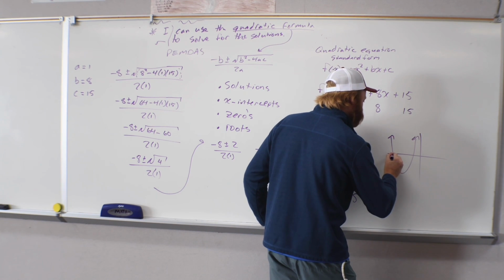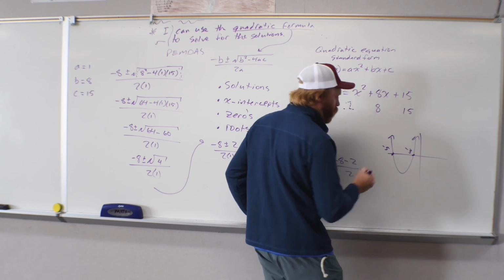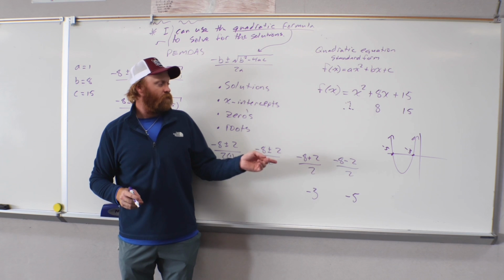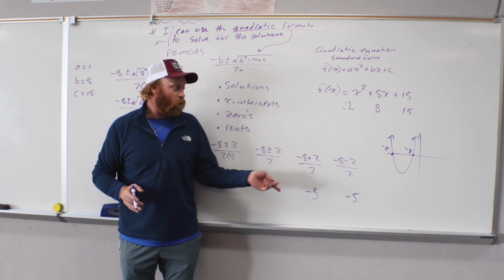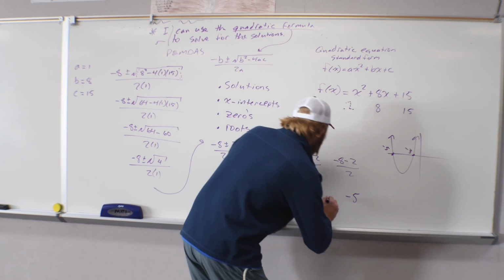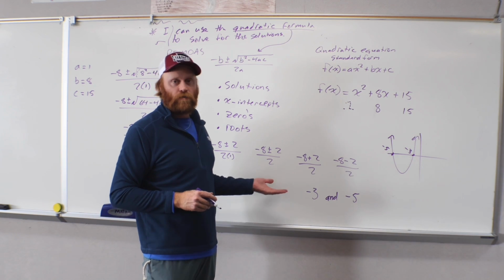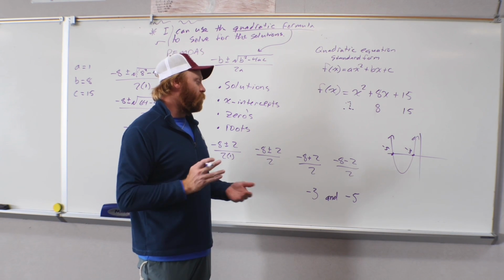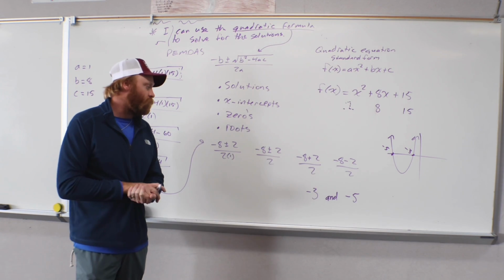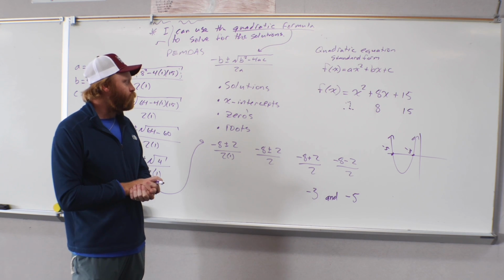This parabola crosses here at negative 3 and negative 5. How many times does it cross? It crosses twice. Is it one or the other? No, it crosses through both of them, so we're going to say and. What are these? These are our x-intercepts, our zeros, and our roots because we have to take the square root to solve for them. A bunch of different names, all solving for the same thing.